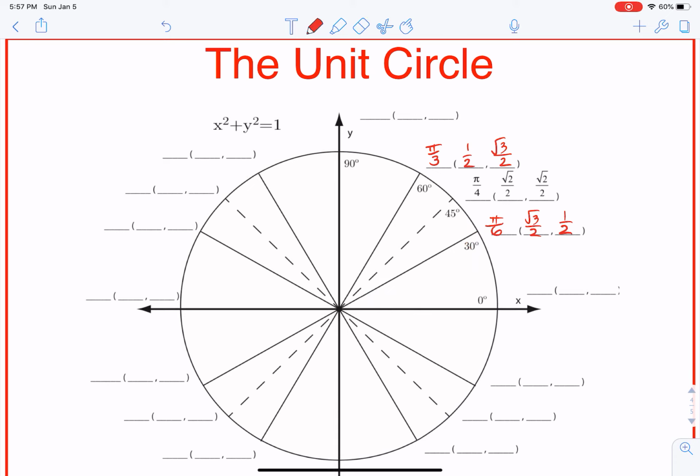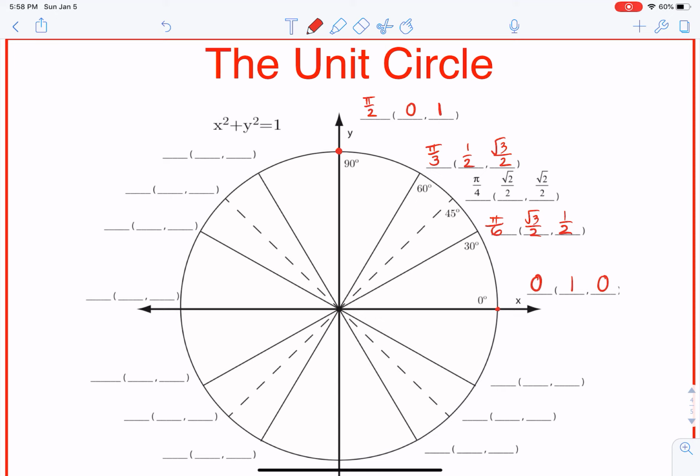Looking over here, 90 degrees is pi over 2. And I know that this point right here is over 0 and up 1. This is 0 radians, 0 degrees. And I know that this coordinate point right here is over 1 and up 0.